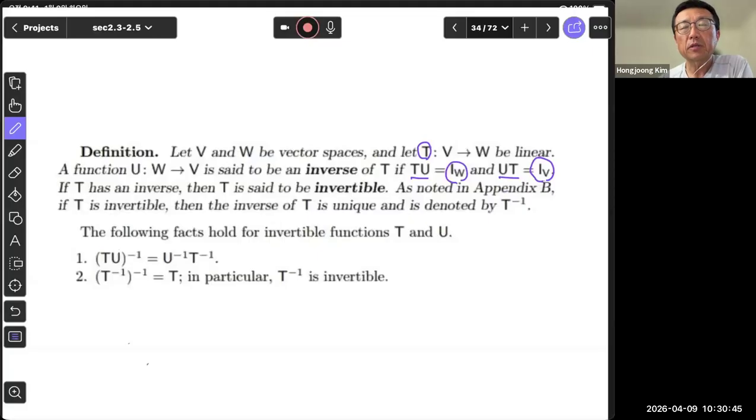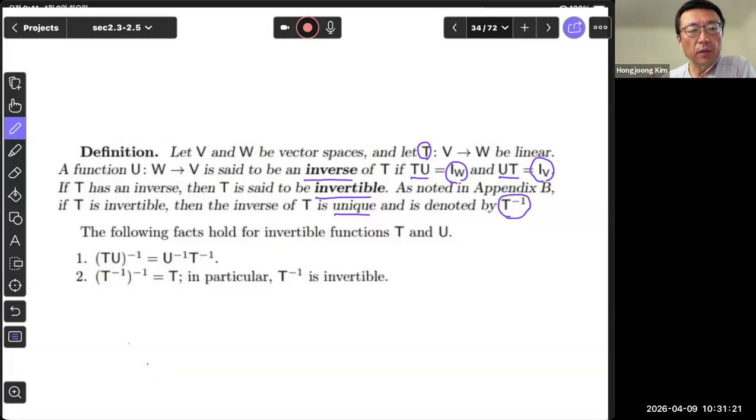If such a U exists, then we say T is invertible, and at that point U is called an inverse. We can easily show that this inverse, if it exists, must be unique. Symbolically, we use T to the negative 1 to express this inverse.